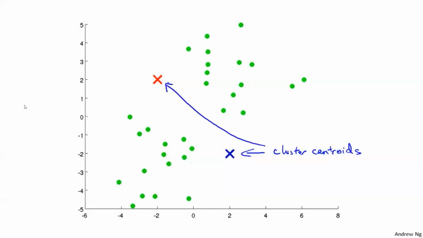K-means is an iterative algorithm, and it does two things. First is a cluster assignment step, and second is a move centroid step. So let me tell you what those things mean. The first of the two steps in the inner loop of k-means is this cluster assignment step. What that means is that it's going to go through each of the examples, each of these green dots shown here, and depending on whether it's closer to the red cluster centroid or the blue cluster centroid, it is going to assign each of the data points to one of the two cluster centroids.